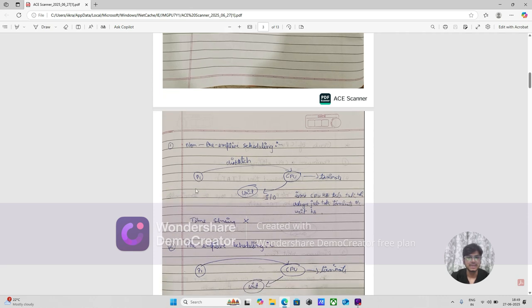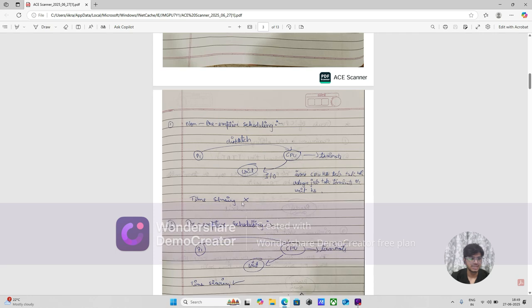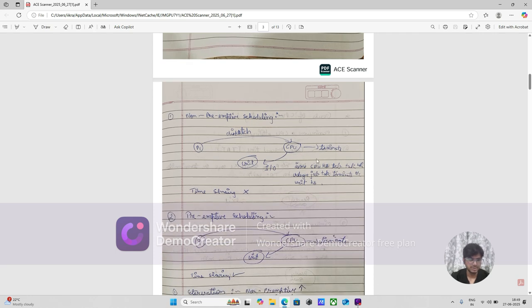In this, if P1 is allocated to the CPU, then P2 and P3 have to wait until P1 has completed or terminated, then P2 will be allocated the CPU. So in this, time sharing is not happening, starvation is happening. So non-preemptive is not good.